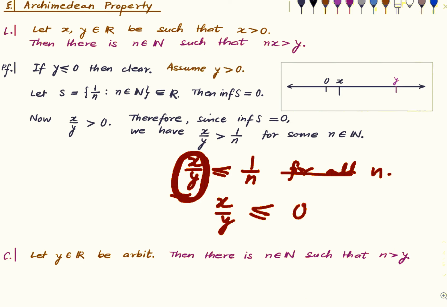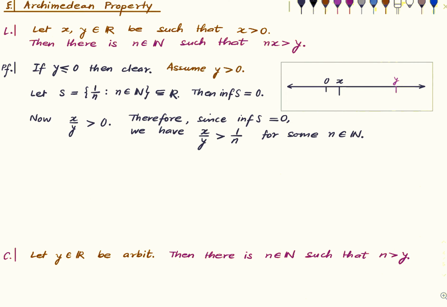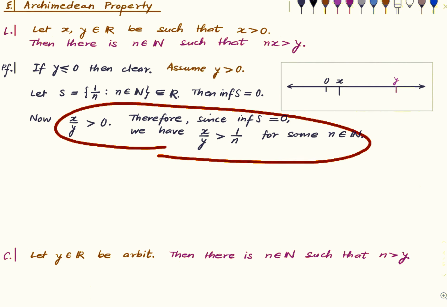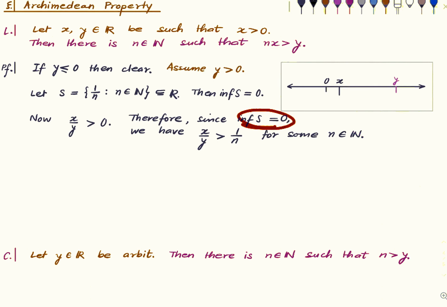The greatest lower bound is 0, and that would mean a positive thing is at most 0, and that would be a contradiction. So that's the reasoning here. Since infimum of S is 0, we must have this for some n. The fact that we are using about x by y is that it is a positive entity. So we have this, and now you just rearrange, just do the algebra, and we are done. This is for some n, and we are done.